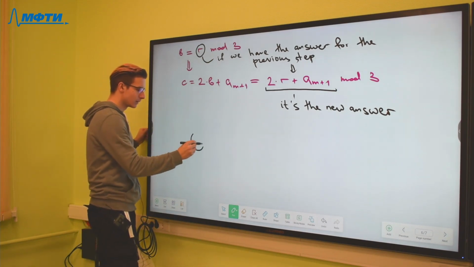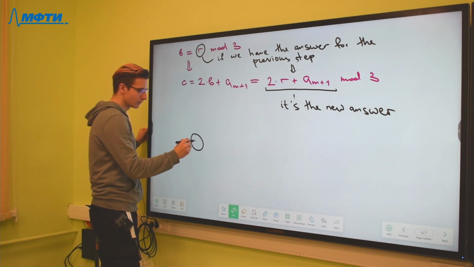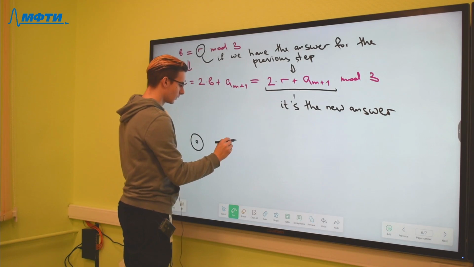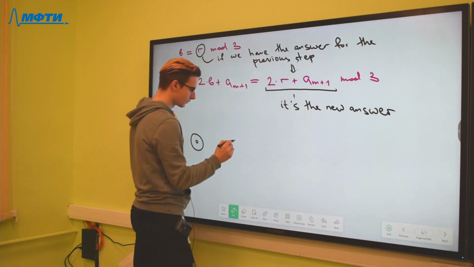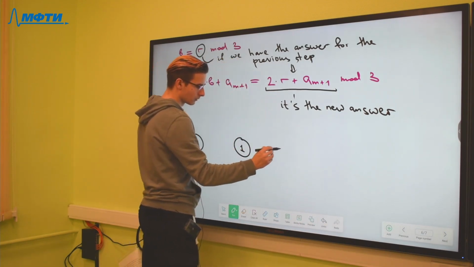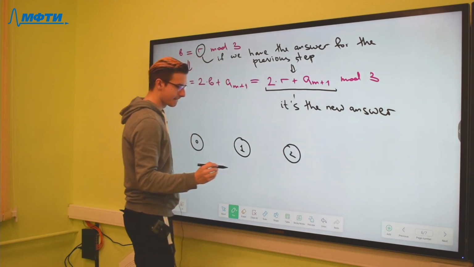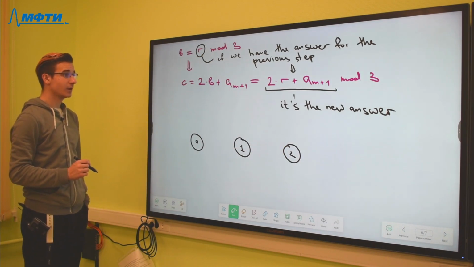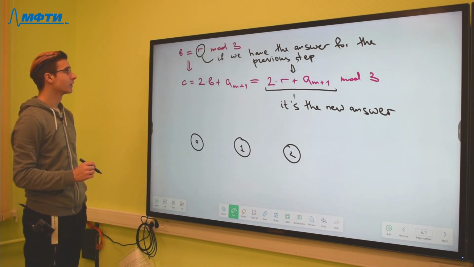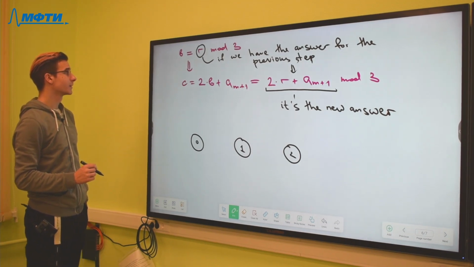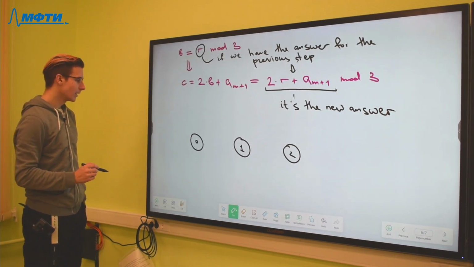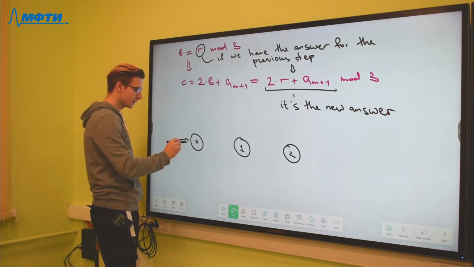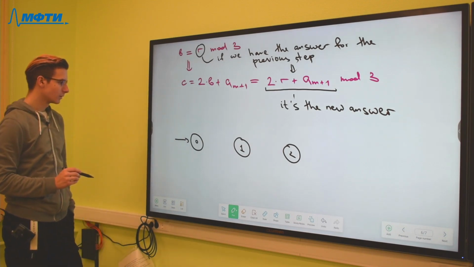So we write three states, I equal to these three residues. And we know that initially we have 0, so the initial state is 0.